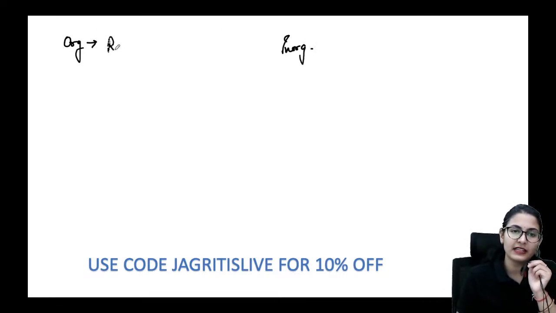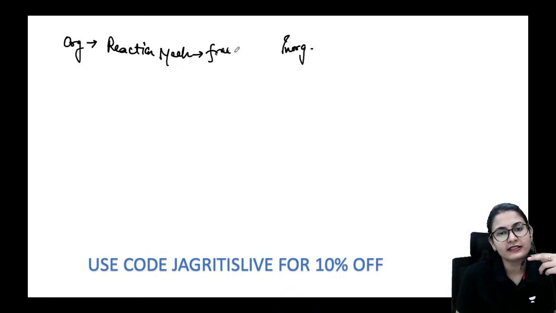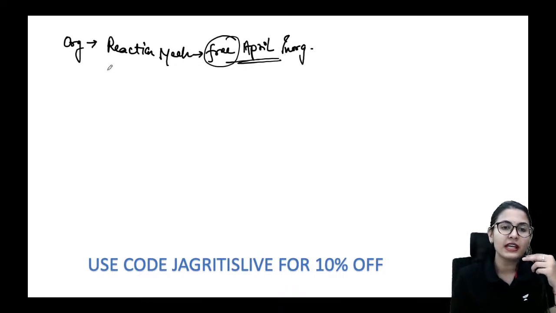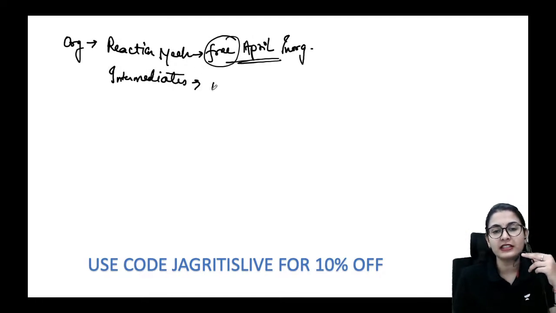We have done the reaction mechanism. This was done in the free classes. In the special classes in the month of April, if you want, you can visit my profile and check out everything from there. Also, reactive intermediates was done in the Plus class in the month of April.